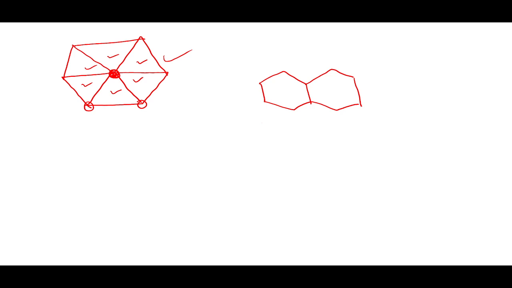This primitive unit cell, number of... If you say the previous lattice, then you will have number of inside atoms 4, corner atoms 2.